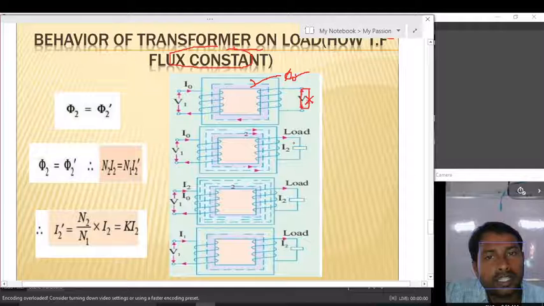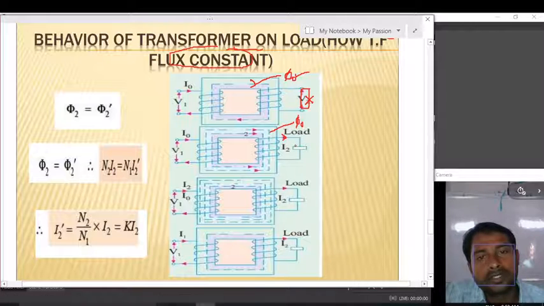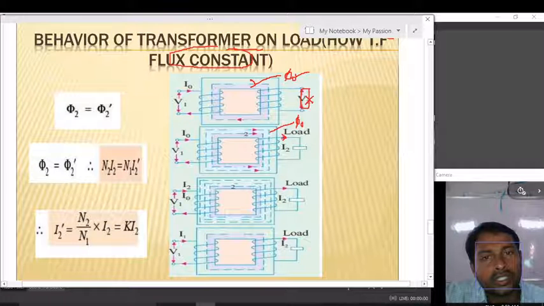If the load is connected to the transformer, what will happen? Phi naught exists in the transformer. The flux cuts the secondary winding, EMF is induced, and if the load is connected to the secondary, it will draw the current I2. Until the load is applied to the transformer secondary, current never passes through the secondary winding, so there is no flux due to the secondary winding.